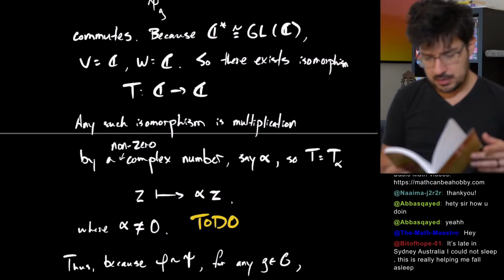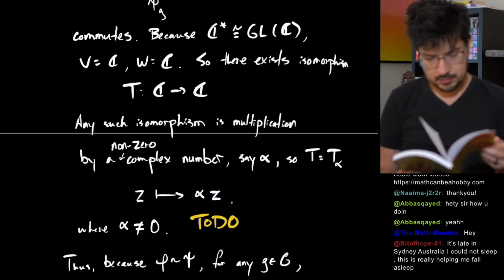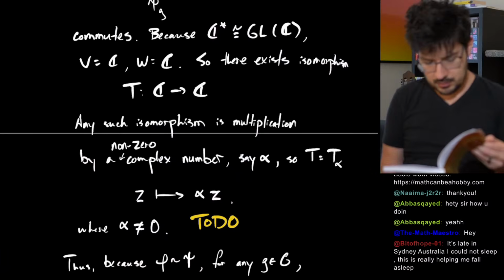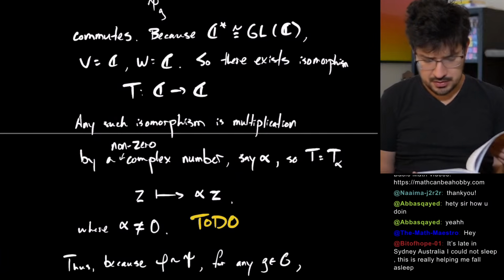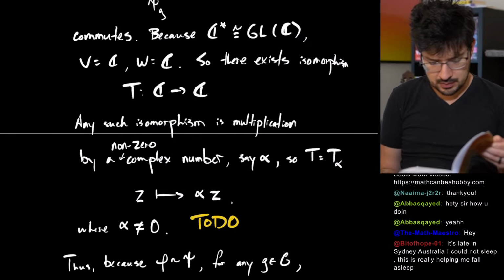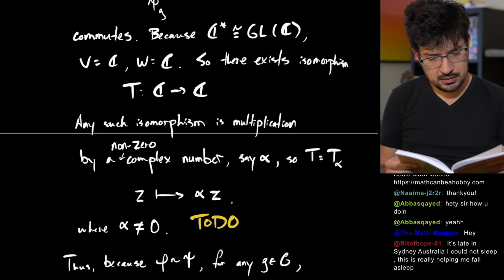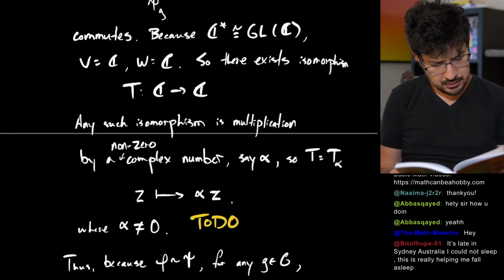In particular, this follows from the fact that GL1C is isomorphic to C star, the multiplicative group of complex numbers. Pretty sure that this is true.